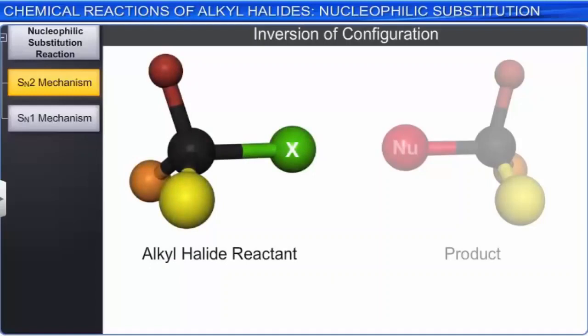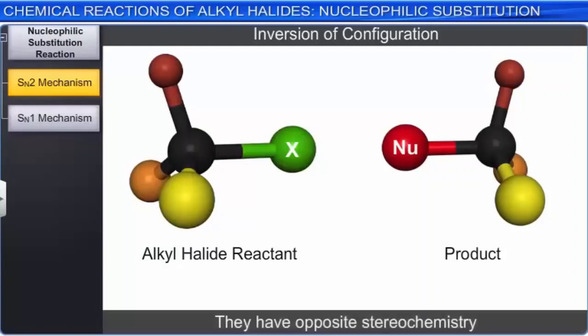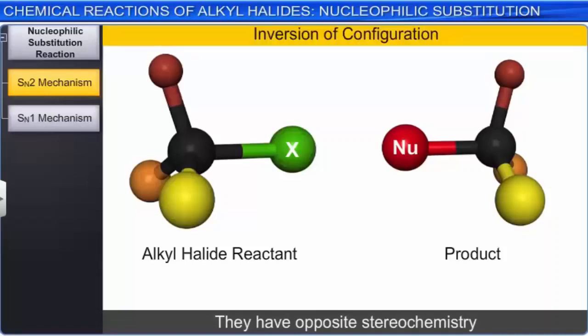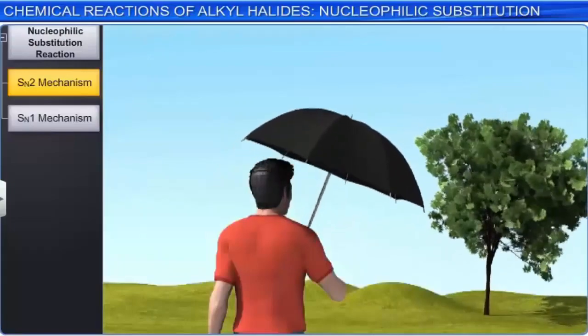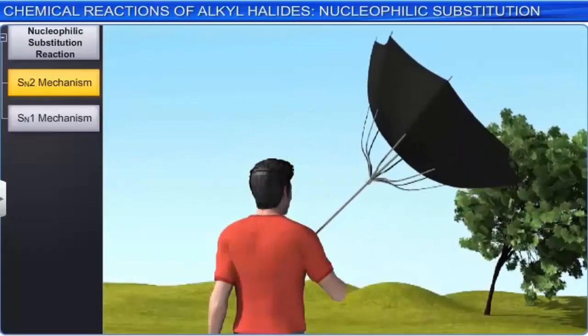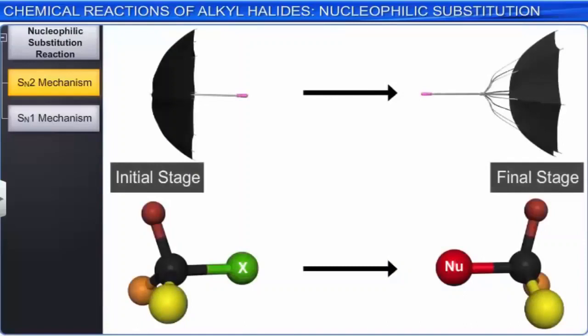If you compare the alkyl halide reactant and the substituted product, you can see that they have opposite stereochemistry. This switch is called an inversion of configuration. Can you imagine an umbrella being pushed inside out by a heavy wind? This is a useful analogy for understanding the SN2 mechanism.